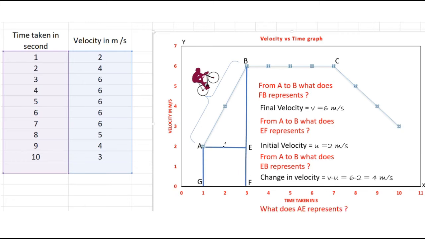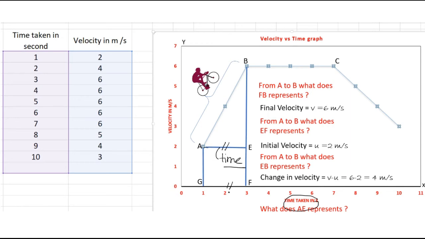Now what does AE represent? When you are asked what a particular line represents, you have to see the parallel axis. The parallel line is the x-axis, and what is written on the x-axis? Time. So that represents time. I am repeatedly using this information to make all of us familiar for the future derivations we are going to start.